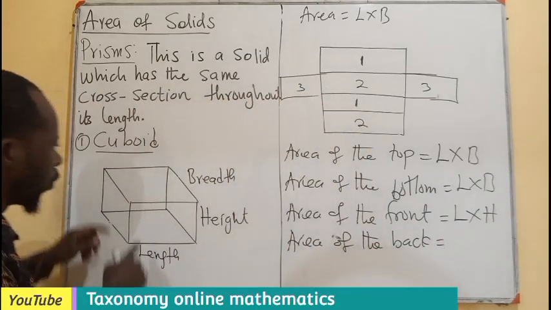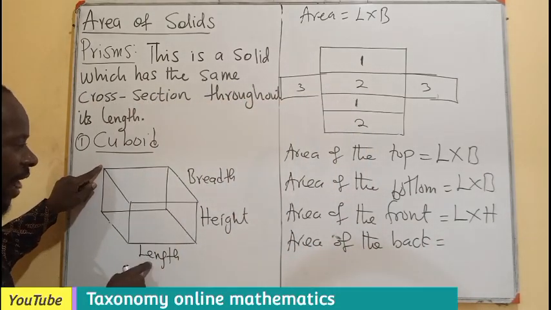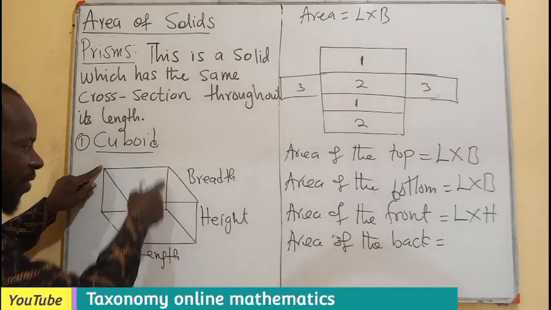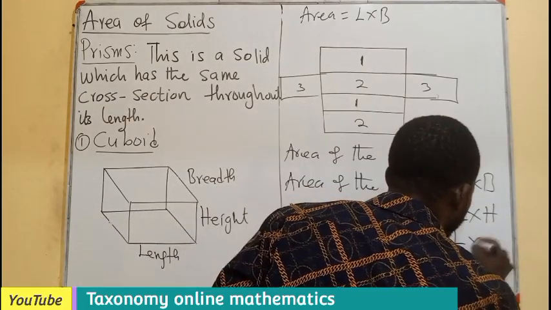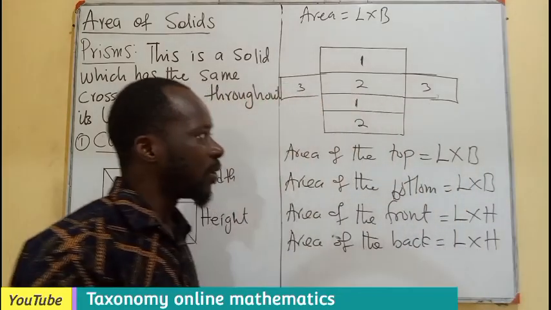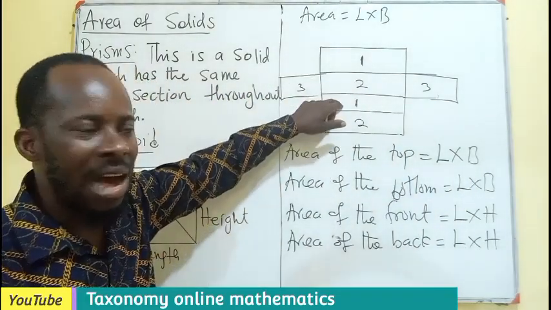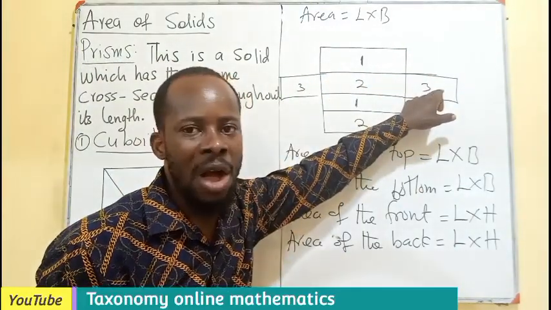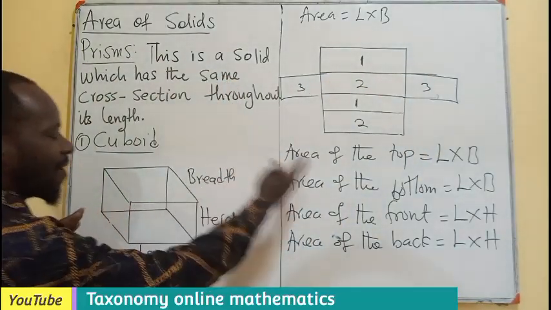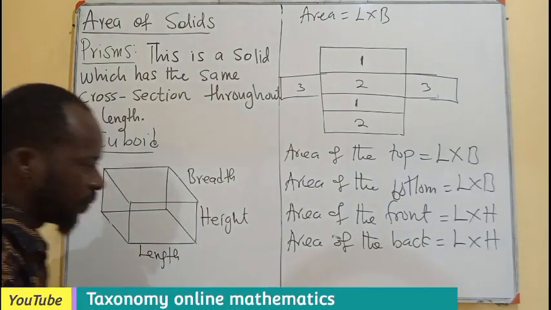So the area of the back will also be, the longer side is length. The breadth is the vertical line, which is the same as this. So that will also be the length times height. So you can see that this and this are replicas, this and this are replicas. Then this will be a replica of that, which is going to be the right and left.